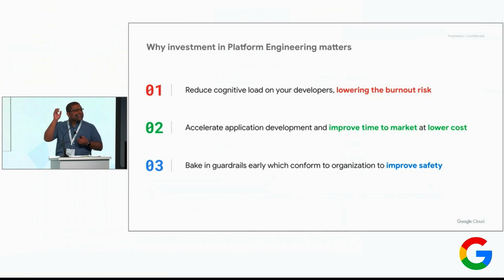And one example of that is if you go back to the network security. If you leave network security to apps, it's very likely that they will do whatever is simplest for their apps to function. But in that process, they may leave, say, an S3 bucket open for somebody else to access, right? So that's why it is very important to bake in guardrails as part of the platform teams itself.